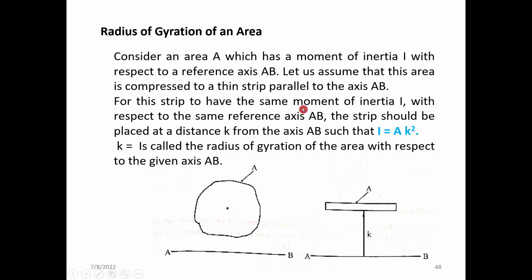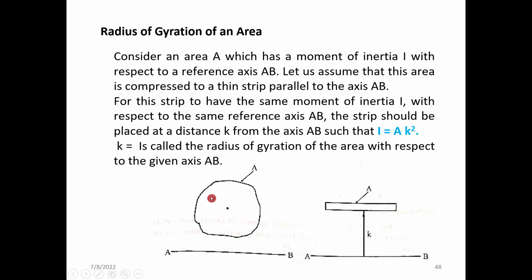For this strip to have the same moment of inertia I with respect to the same reference axis AB, the strip should be placed at a distance of k from the axis AB such that I is equal to A into k square, where k is the radius of gyration of the area with respect to the given axis. Please note that the moment of inertia value will increase when the area is located far away from the considered axis.